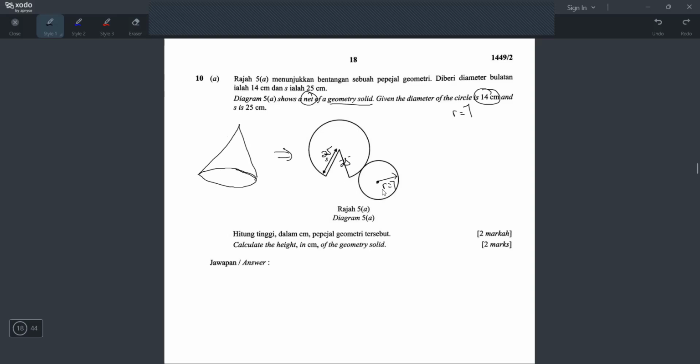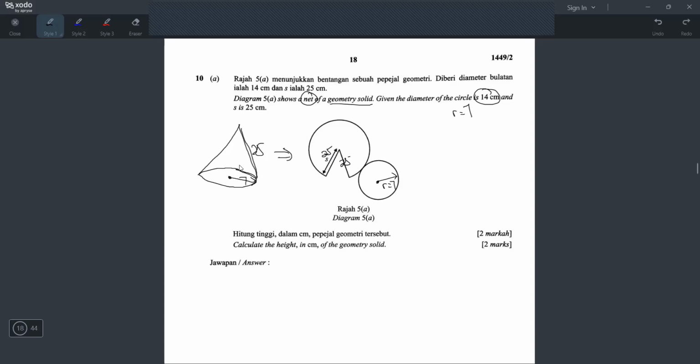But let's label the 25 and 7 inside here. So the 7 you don't go and label here, it's wrong. The 7 is the radius of the circle, which is the flat surface at the bottom. So the 7 is actually like this, right? Then what about the 25? Okay, the 25 will become the slanted height, because when you roll this paper into a cone, this 25 becomes the slanted height.